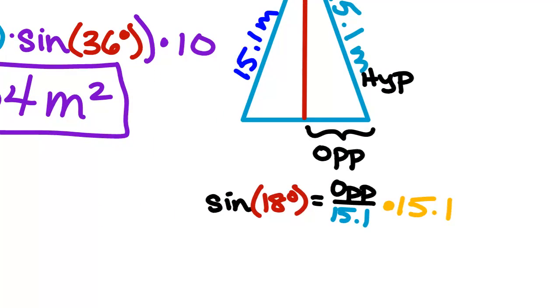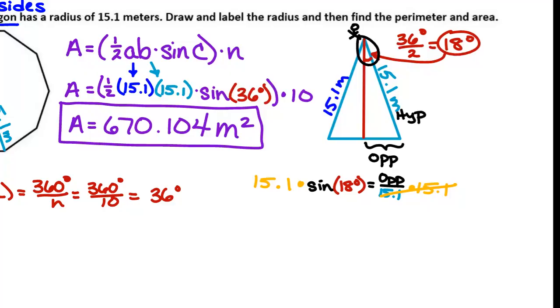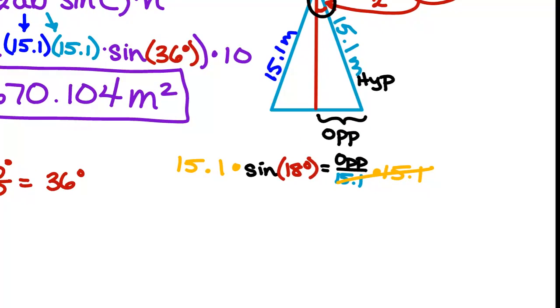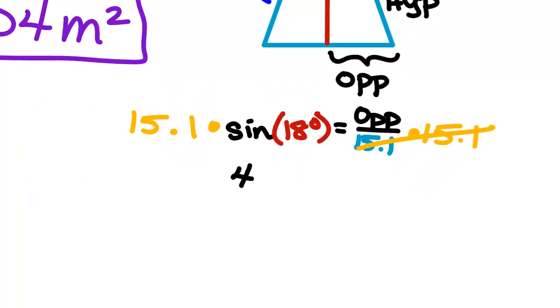So now what do we do? Multiply both sides by 15.1. That's going to cancel out. So what is 15.1 times the sine of 18 degrees? There's 3 6s? So 4.667, something like that? You can do 4.666, 4.667.